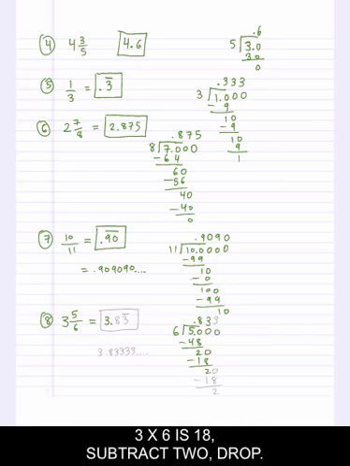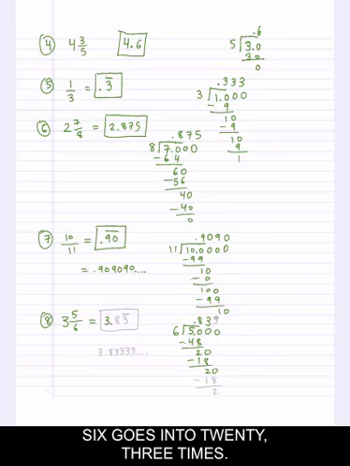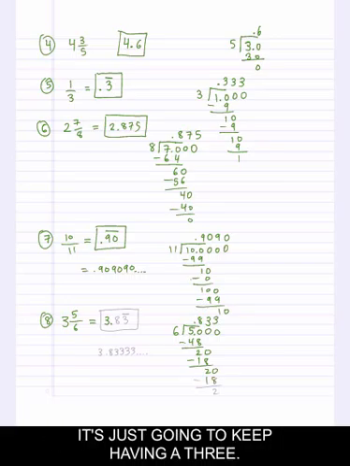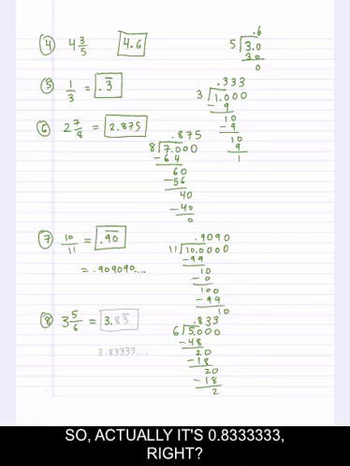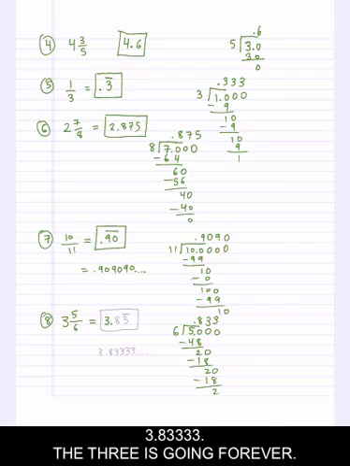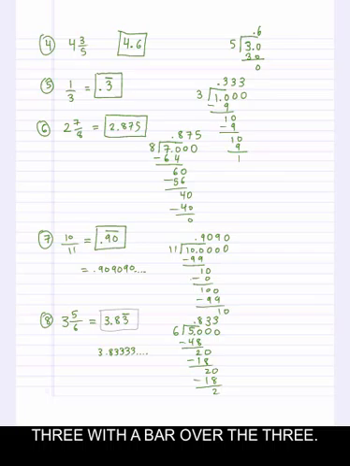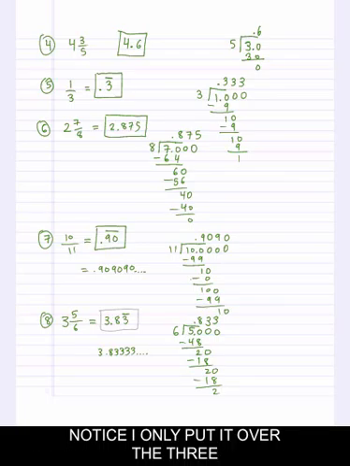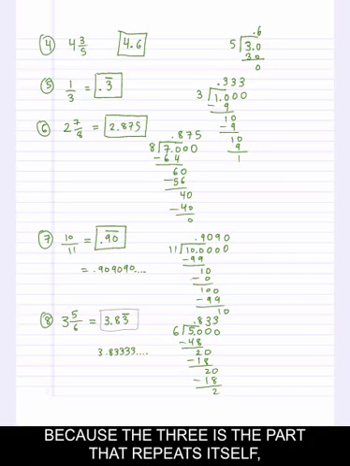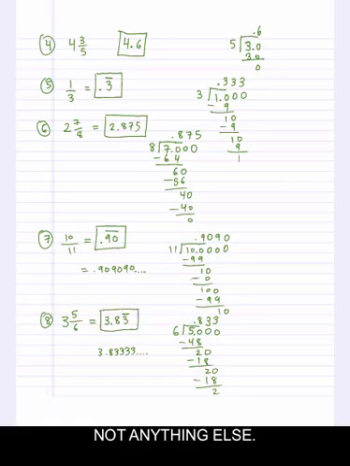Subtract 2, drop. 6 goes into 20 3 times. We notice the pattern, right? It's just going to keep having a 3. So actually, it's 0.833333333, right? 3.83333. The 3's go on forever. Now, the way we write this with the bars is just with an 8-3 with a bar over the 3. Notice I only put it over the 3 because the 3 is the part that repeats itself, not anything else.